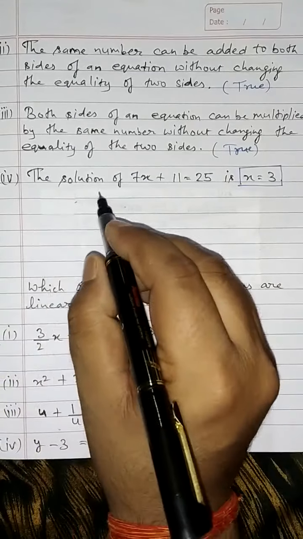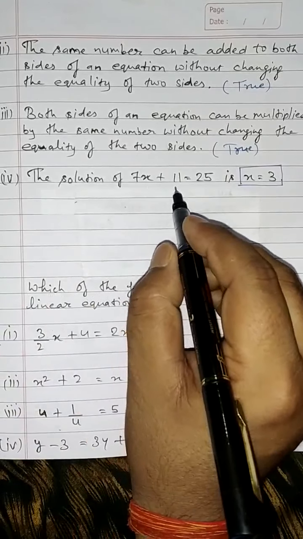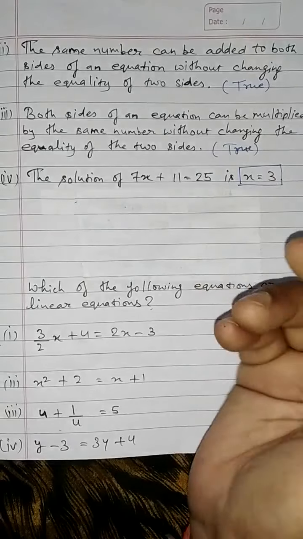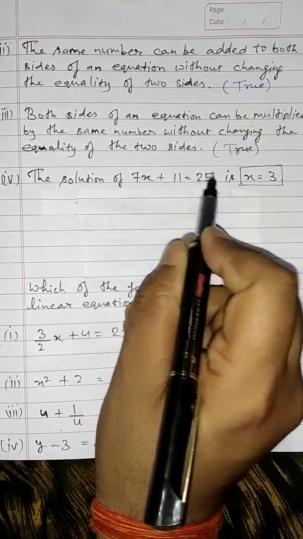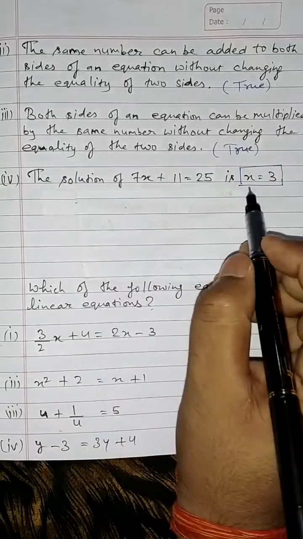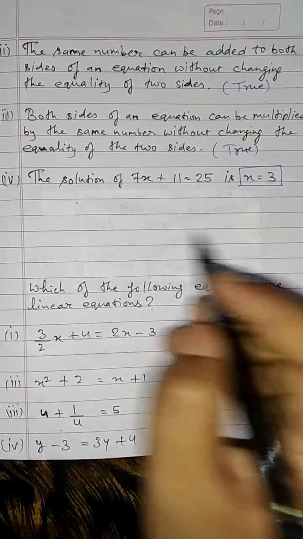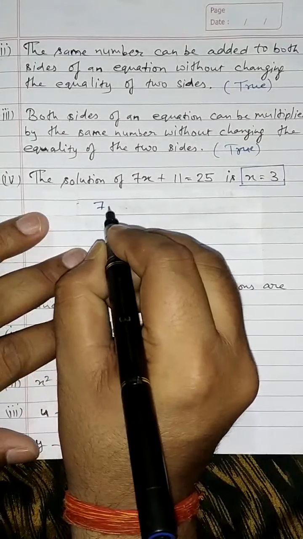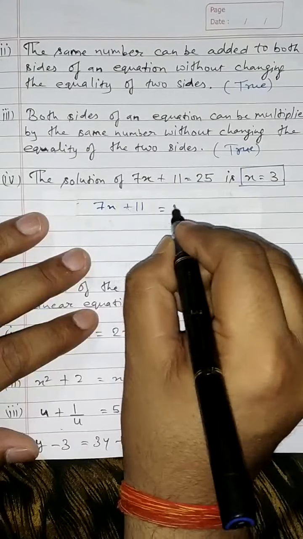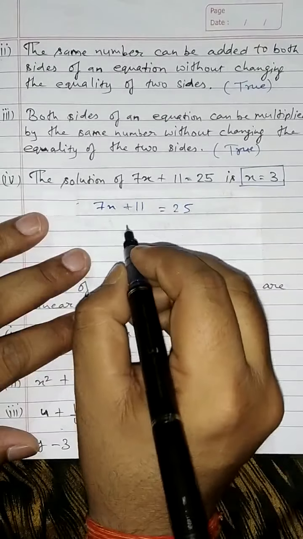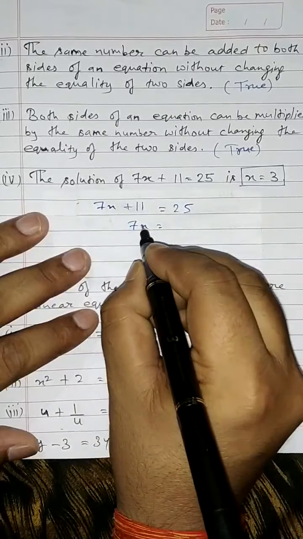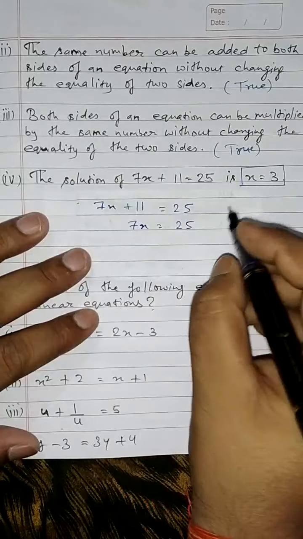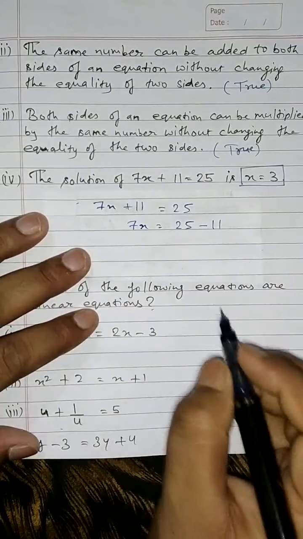Next is fourth part. The solution of 7x plus 11 is equal to 25 is x is equal to 3. So we have to check whether on solving this equation we get x is equal to 3 or not. So let me first write the equation. 7x plus 11 is equal to 25. 7x is equal to 25. When this constant value changes its side, it will become negative.